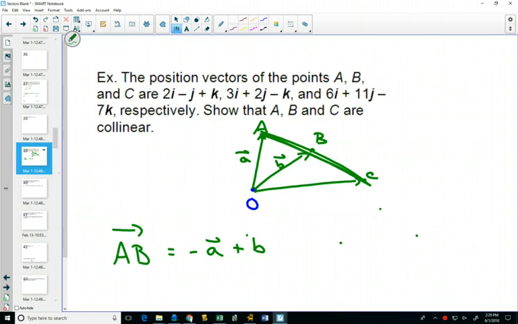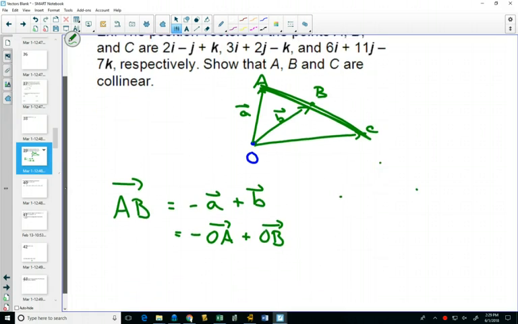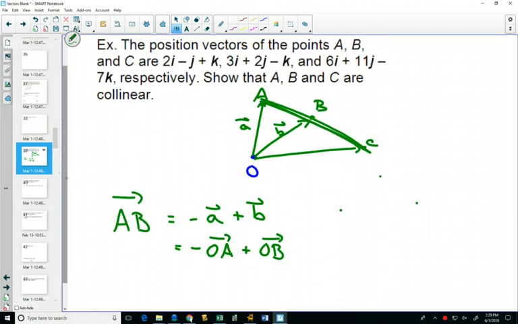Or if we wrote this as our actual vectors, this would be a negative OA plus OB. And we're given that the position vector of OA is 2, negative 1, 1. So I'll write that as a column vector. And we're given that the position vector for B is 3, 2, negative 1.